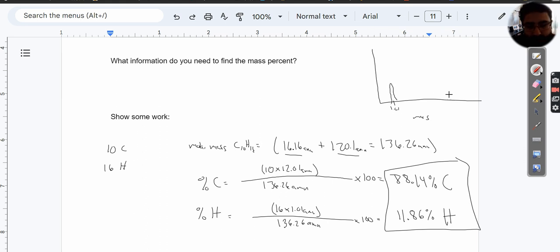That's about 10%, or 1/8. It's going to be 1/8 the size of that carbon. So around 12.01, you'll see a peak of that carbon. The ratio here is going to be about 8 times as big as that.